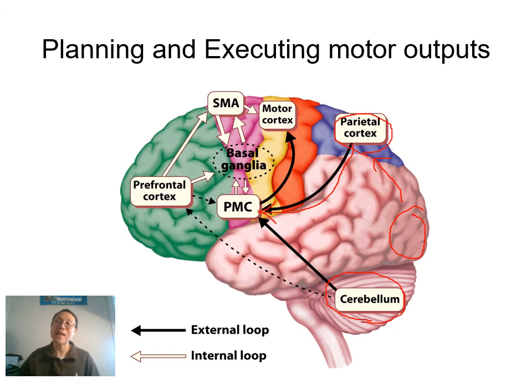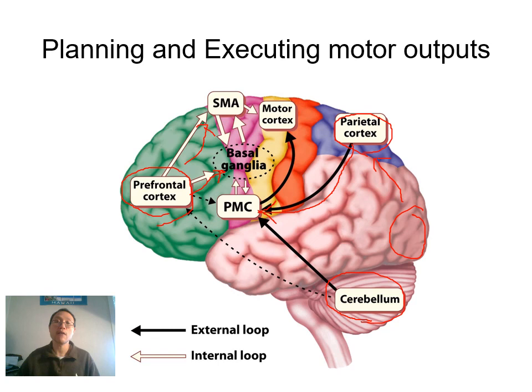Now let's talk about the top-down, or internal loop, processing. These are based on your previous experiences and internally guided, goal-oriented behavior coming from the prefrontal cortex. The prefrontal cortex initiates a thought, and then it gives information out to the supplemental motor areas, as well as places like the basal ganglia, which we're going to talk about in the next lecture.